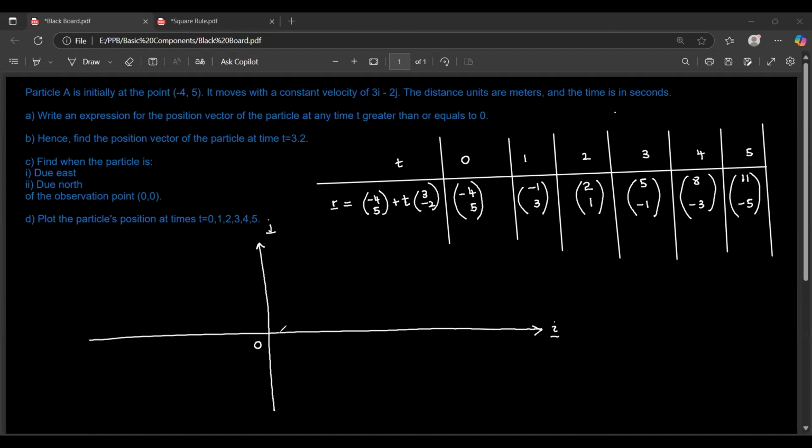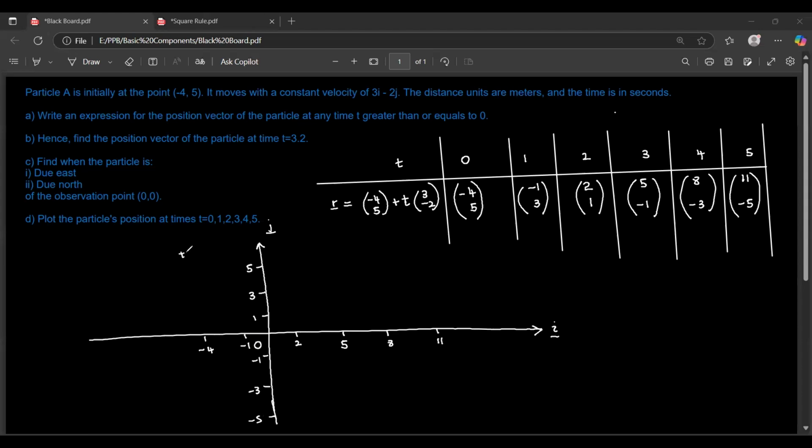So it will look like this, with -4 and 5, -1 and 3, and 2 and 1, and so on.